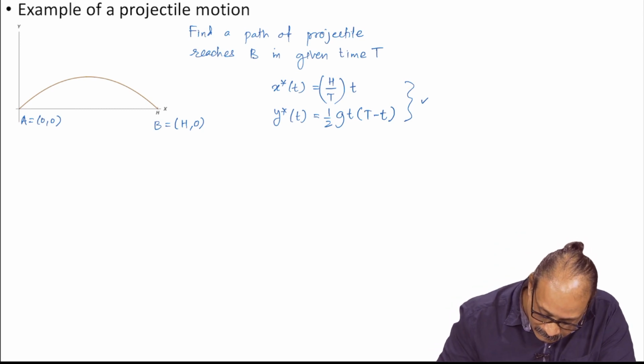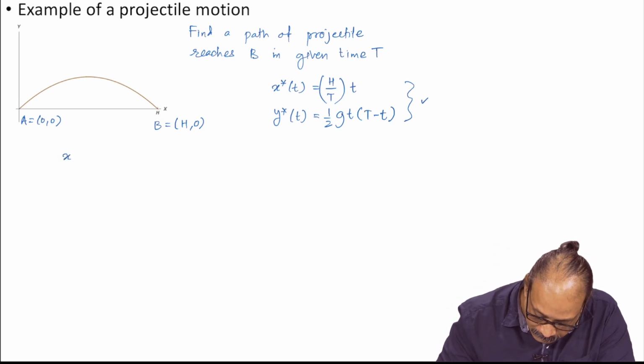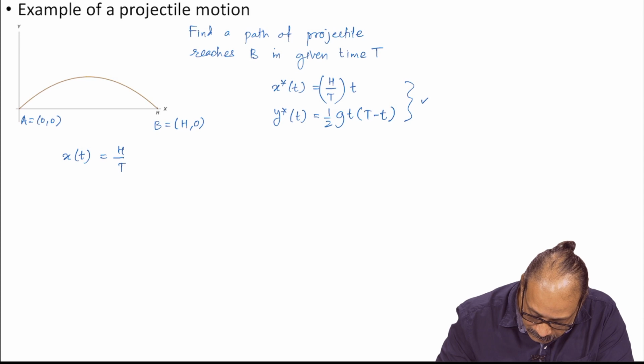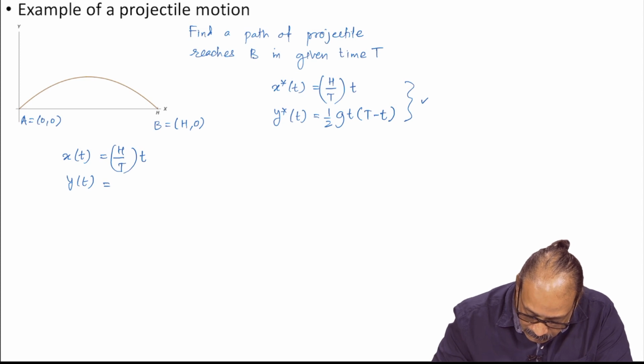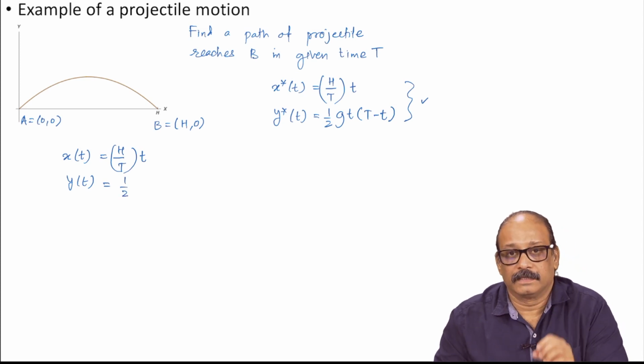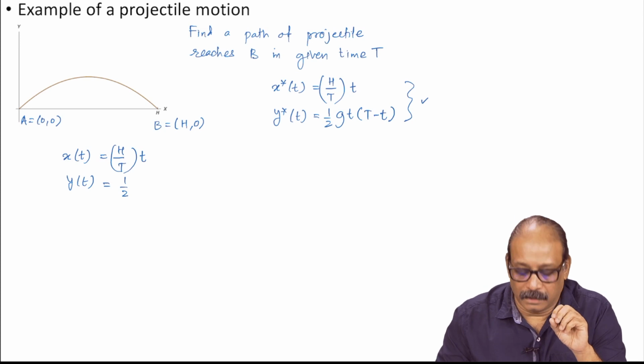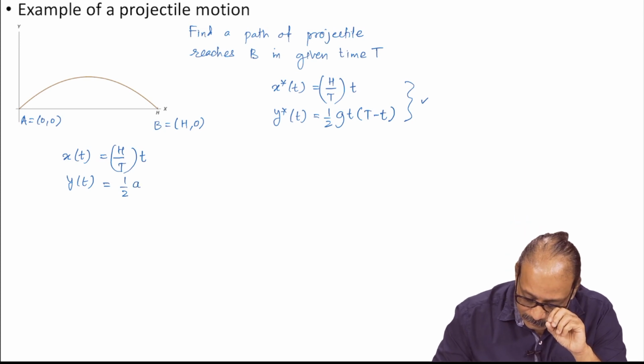So, let me define new paths: x of t, which is equal to h by capital T times t, and y of t, which is half, but instead of g I will put some other number there, a, okay, times t times capital T minus t.